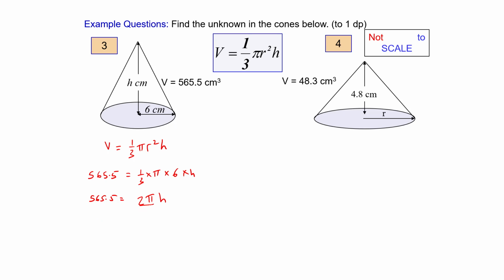The 2 pi is times on this side, becomes divide on that side. So 565.5 divided by 2 pi is equal to h. Doesn't matter which side the h is on. And now, working it out on a calculator, h is equal to 90 centimeters.